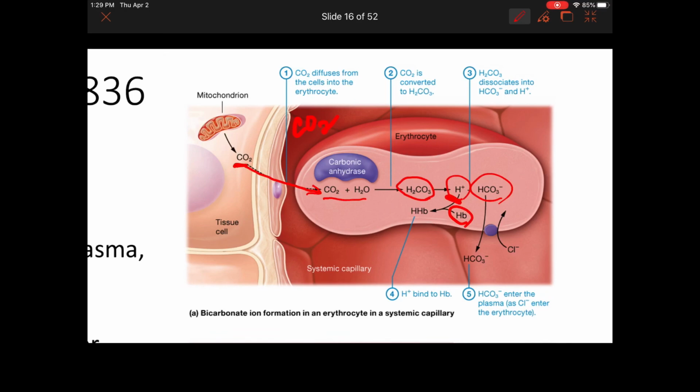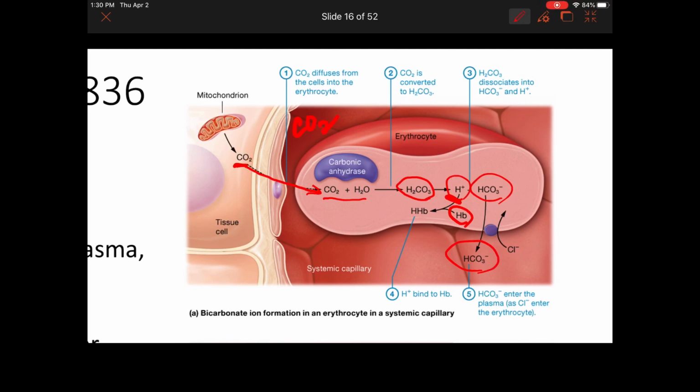And so what it does is help stabilize pH and prevent the pH from going too high or too low, because we're trying to keep it at roughly 7.4. That's kind of the ideal level for blood and body fluids. So hemoglobin can also act as a buffer to take up hydrogens.